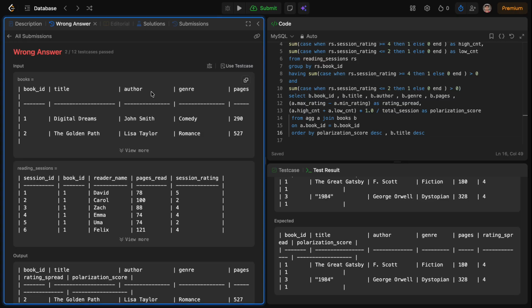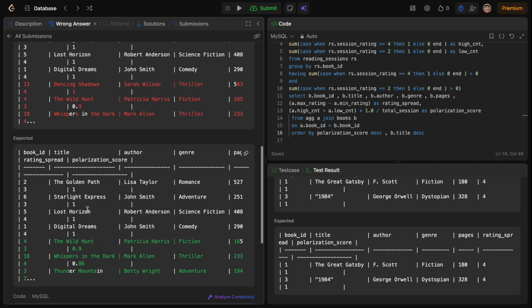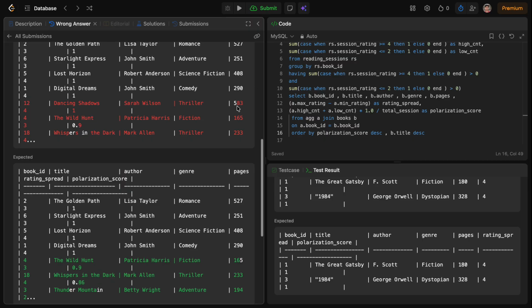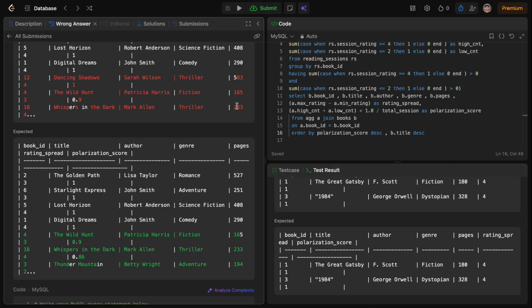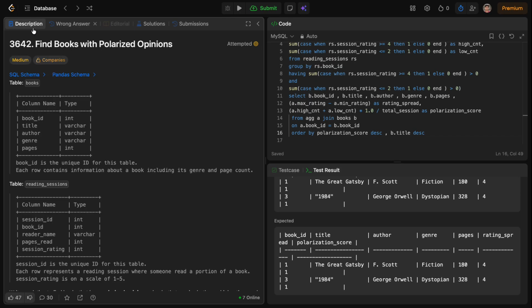And so this is a very good question. If we see here, what is the issue? Now see here, 0.9, 0.86, okay, and the 583 is not the page count. Perfect. So where do we miss any condition? Have we missed any condition? Let's see.